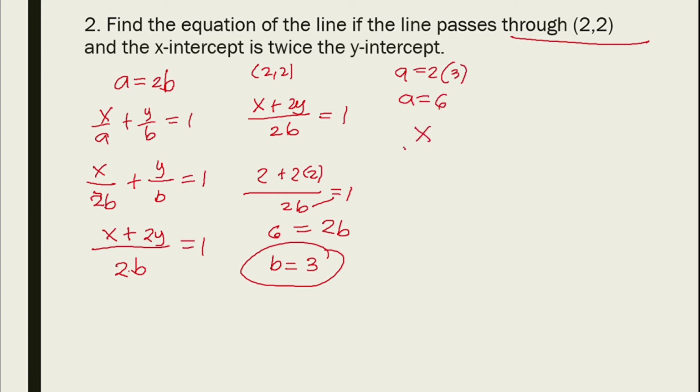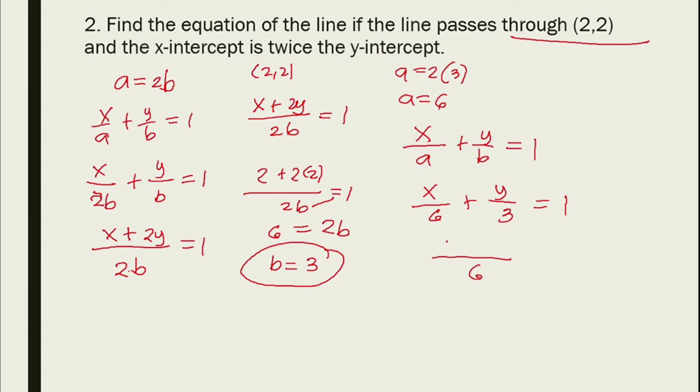So x over a plus y over b is equal to 1. Our a is 6, plus y over b, where b is 3, is equal to 1. So this is now the intercept form. So we have to find the equation in general form. The LCD is 6.